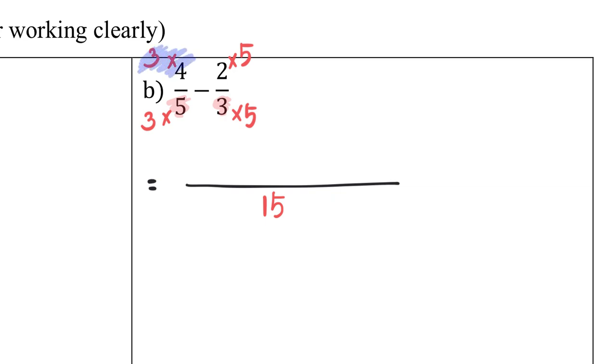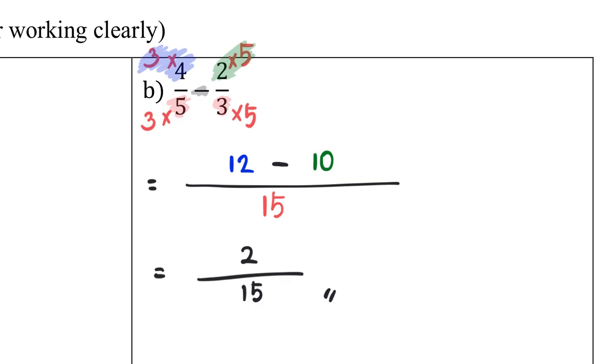And here, 4 times 3 will be 12. I still have my minus. And the numerator here will be 10. So final answer, over 15, 2 over 15.